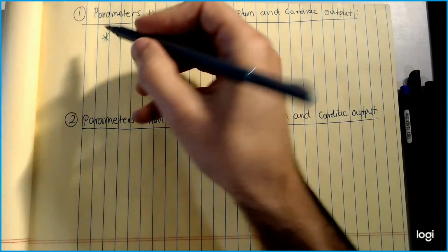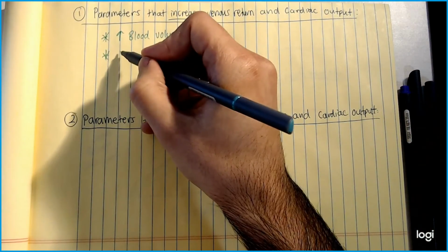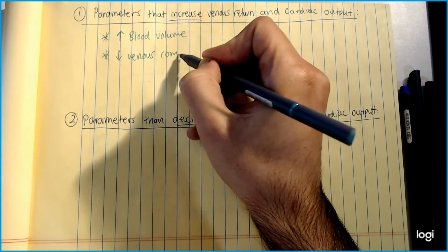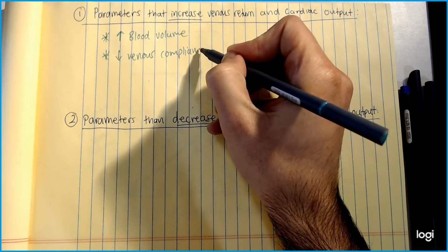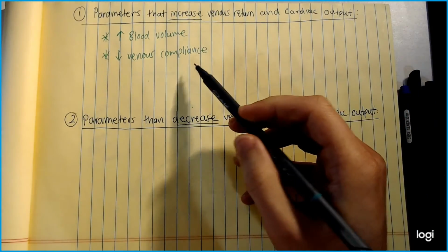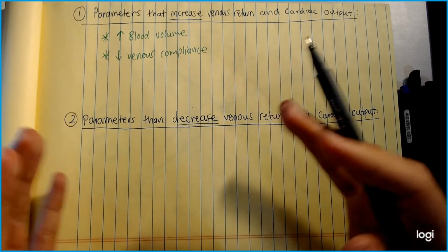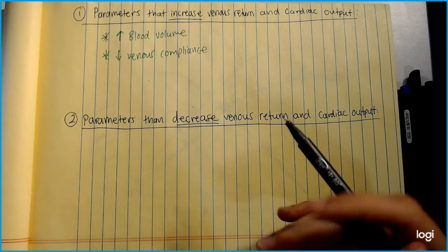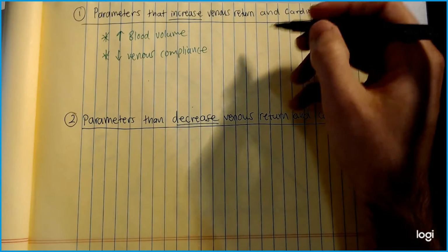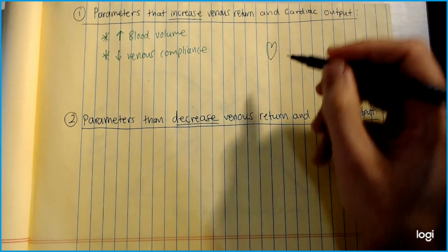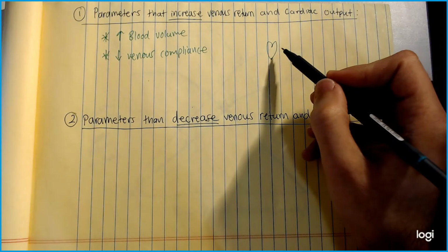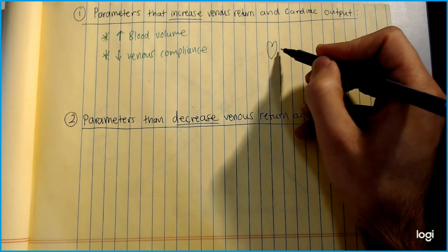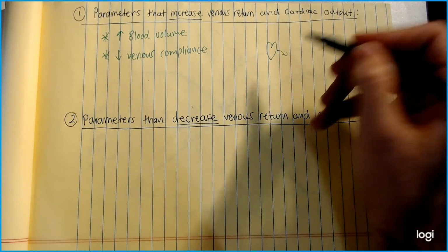Okay, so the second thing is a decrease in venous compliance. So if a vessel is compliant, that means it's more stretchy, and so that means more blood can fill it, right? And so what we have to understand is if you have the heart and the heart gets pumped, when it pumps the blood, first it goes into the arteries, right?